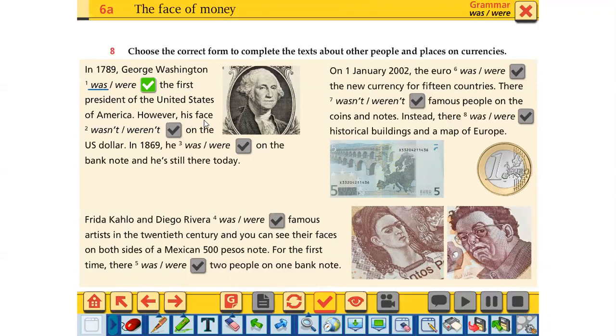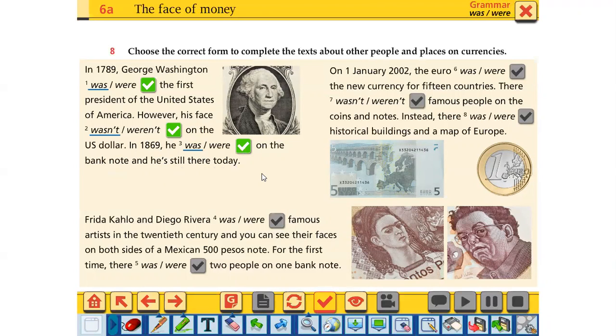However, his face wasn't on the US dollar. In 1869, he was on the banknote and he's still there today.